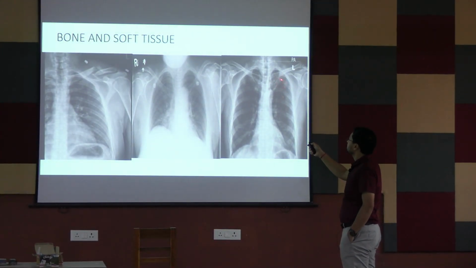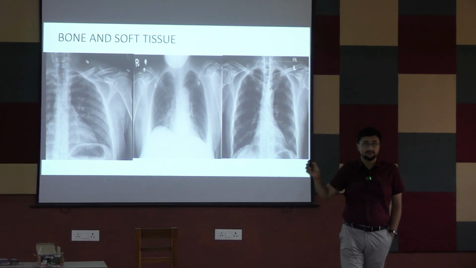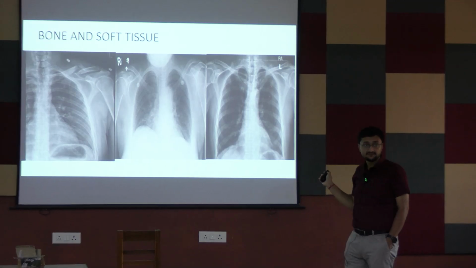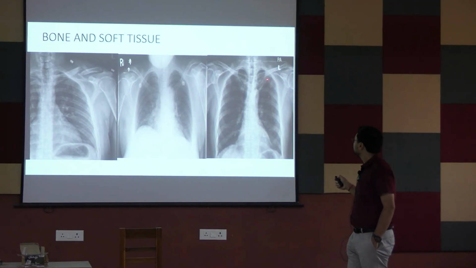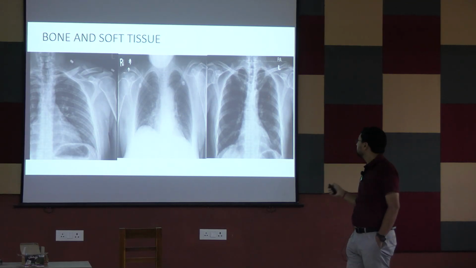This is the second rib, right? Continuity of the rib is broken. Visible? Can you see it? This break line goes anteriorly and posteriorly. Similarly in this one, continuity of the rib is broken.